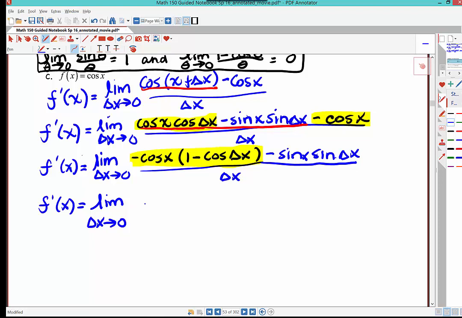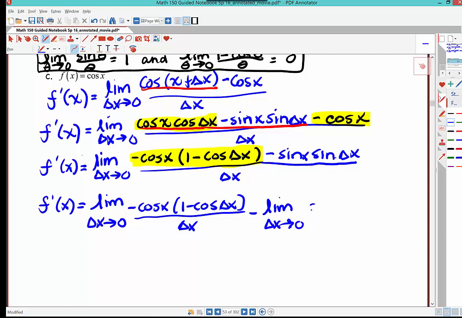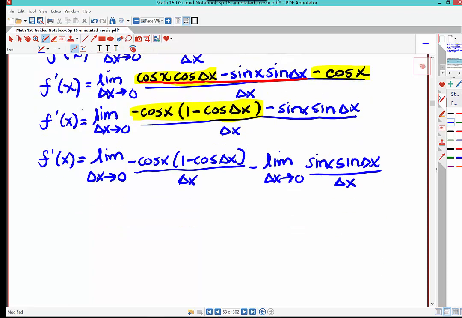So we'll have negative cosine at x times 1 minus cosine at delta x all over delta x, and then minus the limit as delta x approaches 0 of sine at x times sine at delta x over delta x. Okay, so far? Perfect.